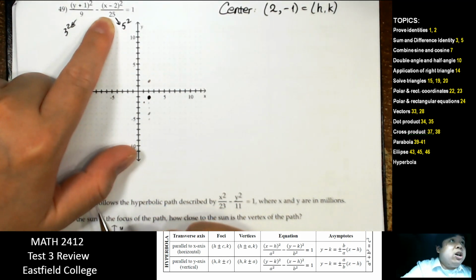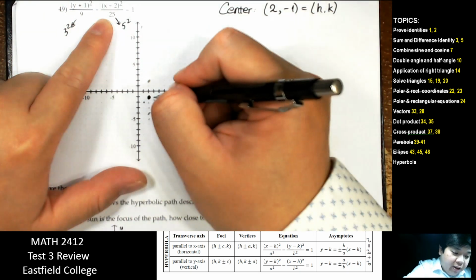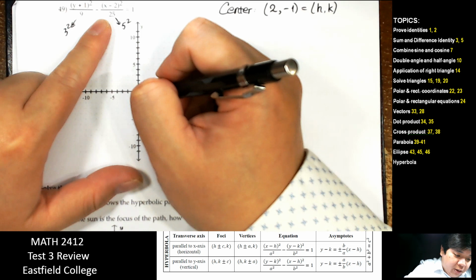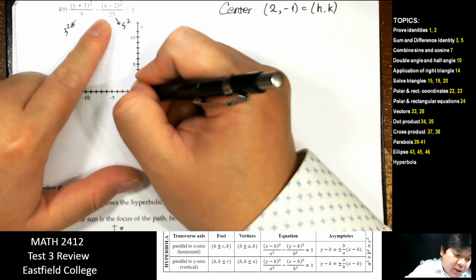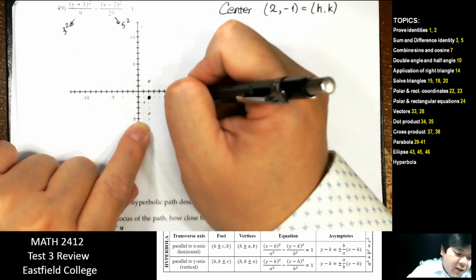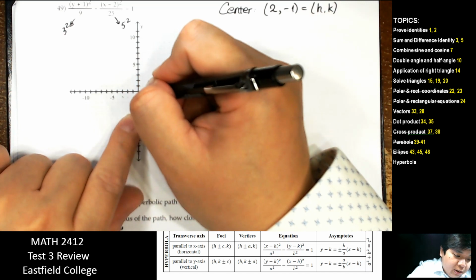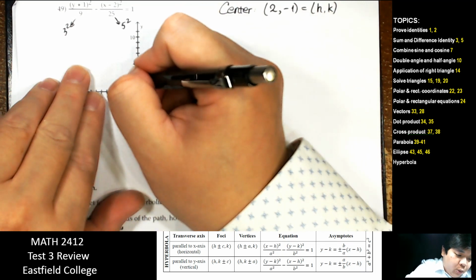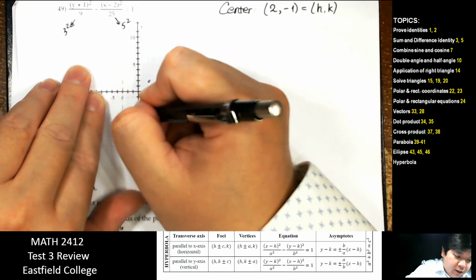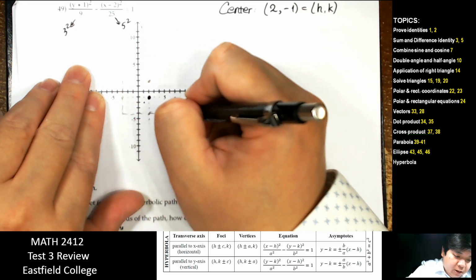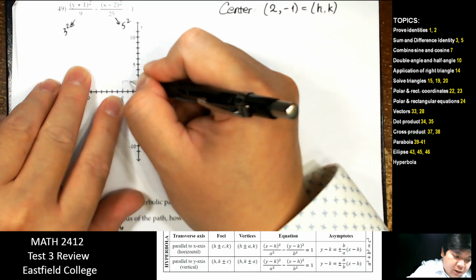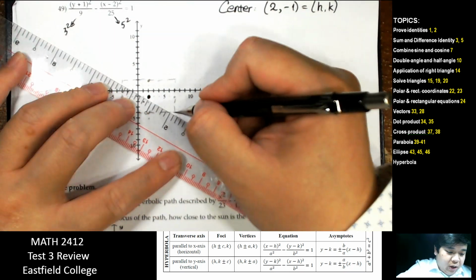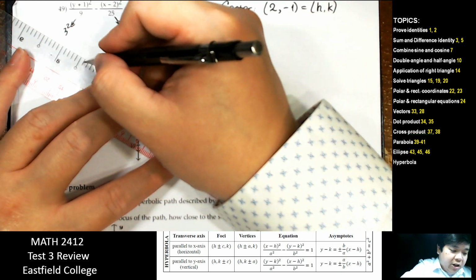And then on the x direction, 5 left and 5 right. We will make a basic box, and we have the asymptotes, which will be the diagonal.